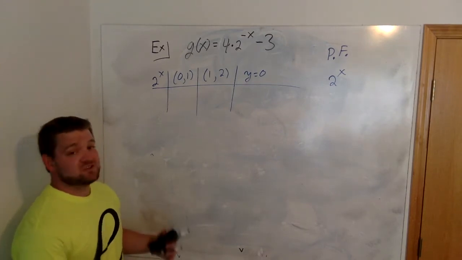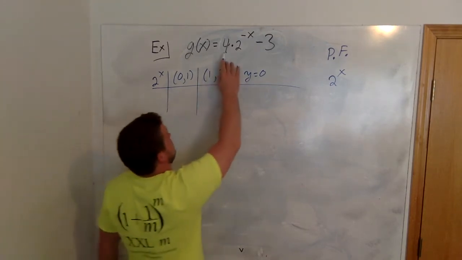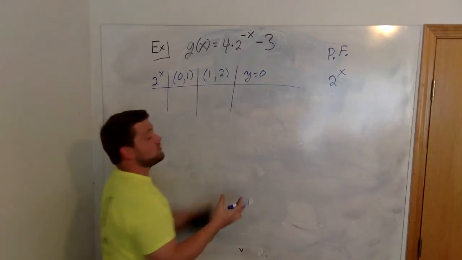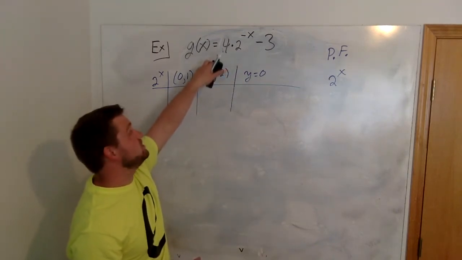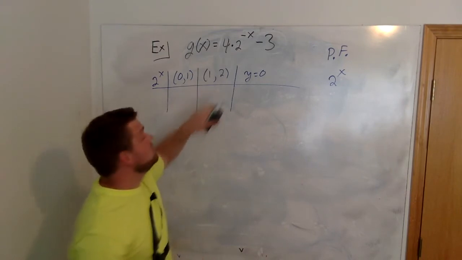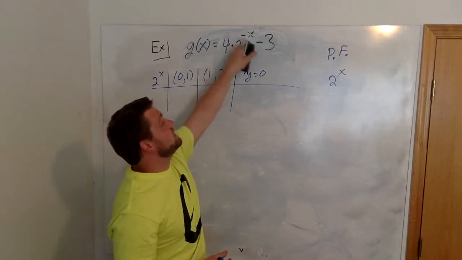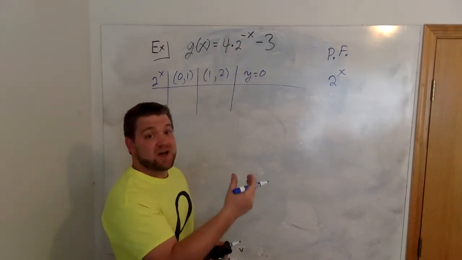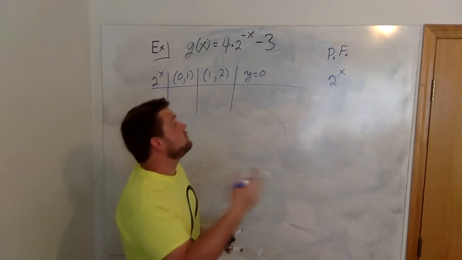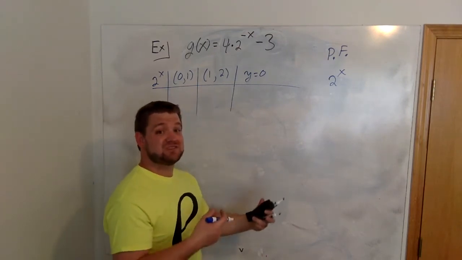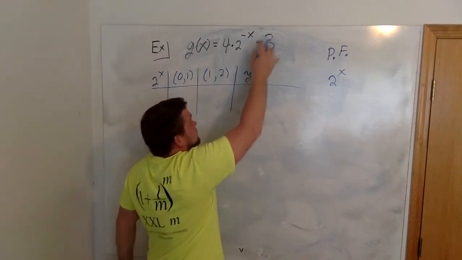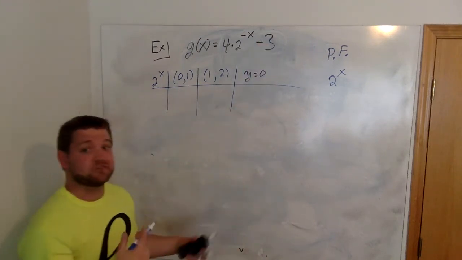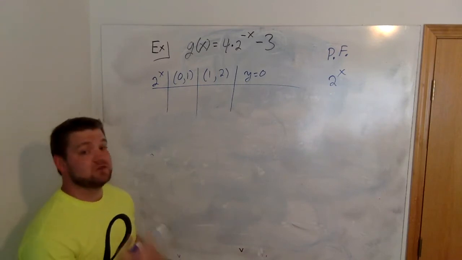So when I'm looking at the transformations, this multiplying by 4, this vertically stretching it by a factor of 4, this is a multiplication style transformation. We need to make sure to do these ones first. Also, this negative on the x value, that's like a negative 1 times x. So the reflection is also a multiplication style of transformation. And now this shift, this moving down by 3, is like an addition or a subtraction style of transformation. We want to do those last.